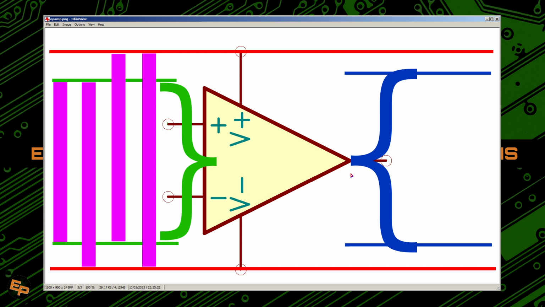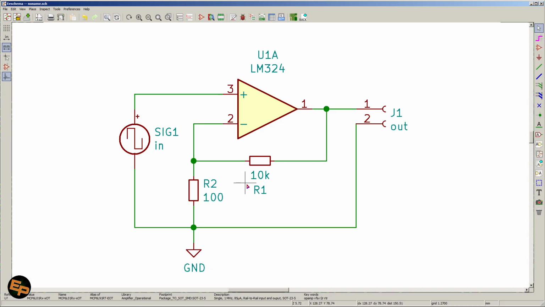So in order to understand the phenomenon of saturation inside the op-amp, I've made myself a very simple circuit, a non-inverting configuration, one of the simplest there can be, with an amplification factor of 101, mathematically speaking, but for the sake of simplicity, let's just say 100.